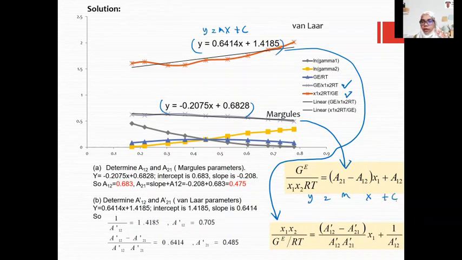So insert, you can get the value of A, component 1 to 2. Insert into this. Finally, you can have the value of A21. And then for the second also, you need to do the same based on y equals mx plus c. So c, you can obtain this value. And then inserting this value into this, you can obtain the value of A prime.